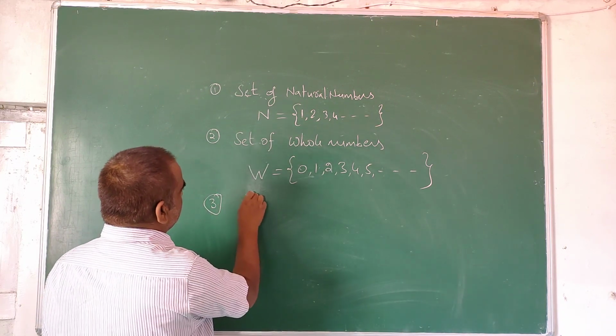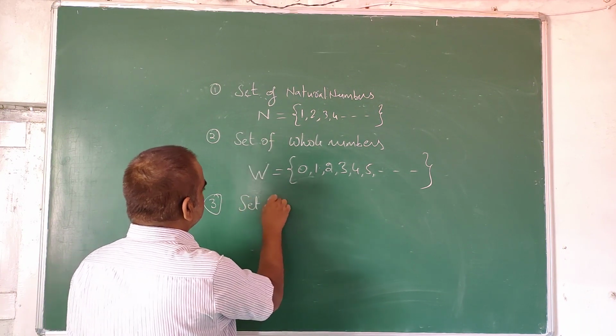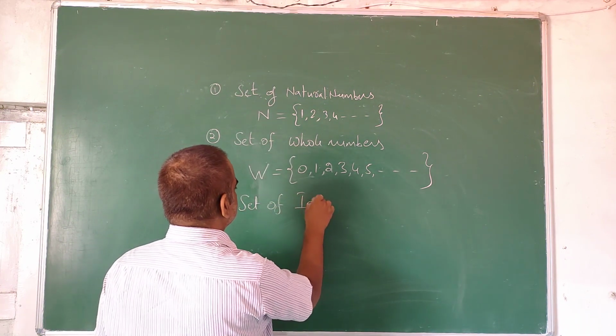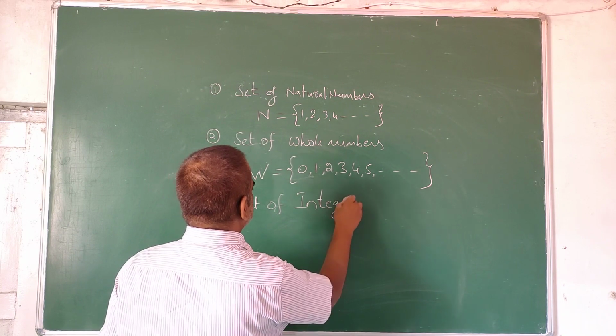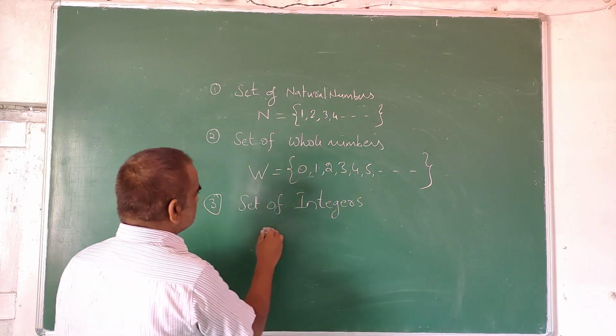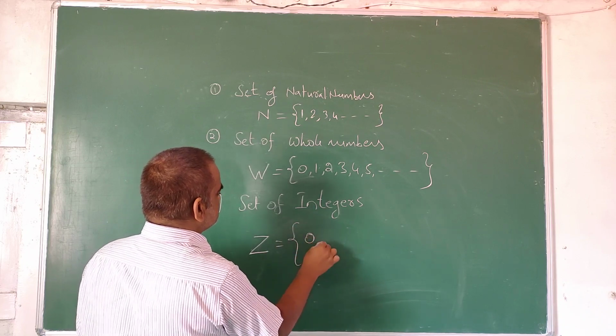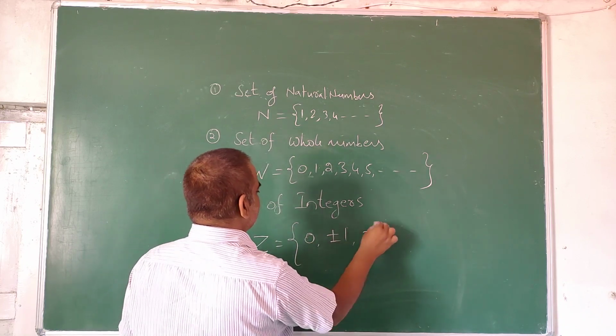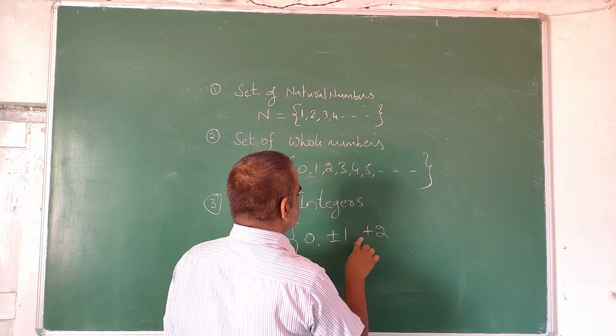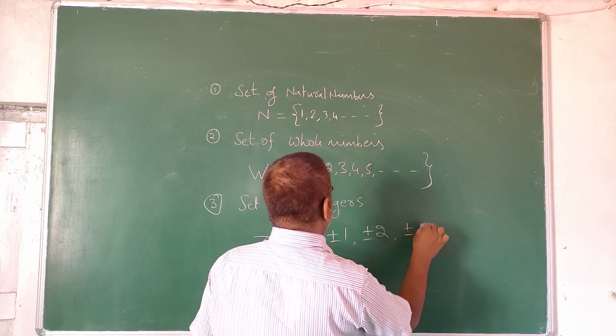Next, the third set of integers. Z is equal to 0, plus or minus 1, plus or minus 2, plus or minus 3, and so on.